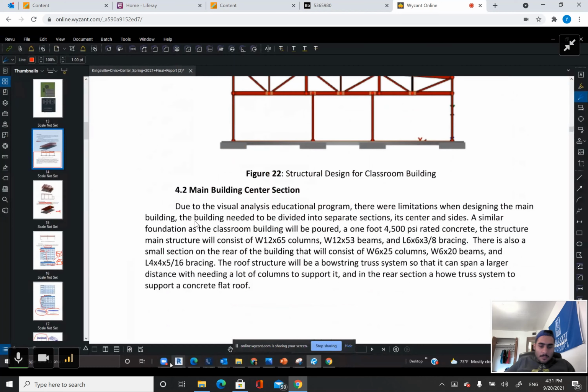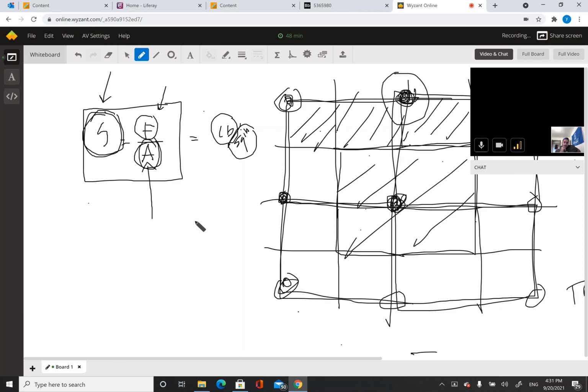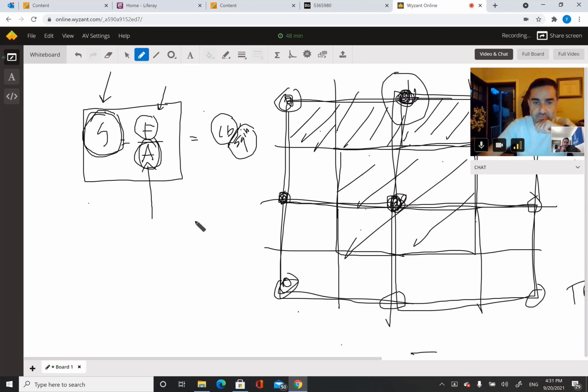So I think it'd be good to ask your professor who is guiding you with this class what's expected of us in terms of the amount of analysis that you need for this report. Am I supposed to do the calculations to determine each column size, or do I make assumptions?